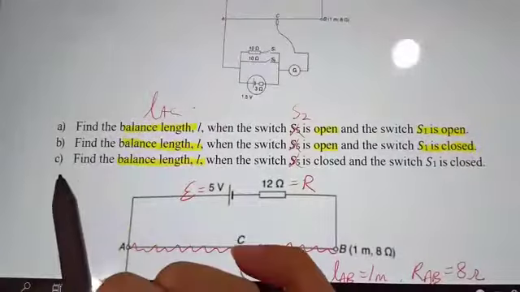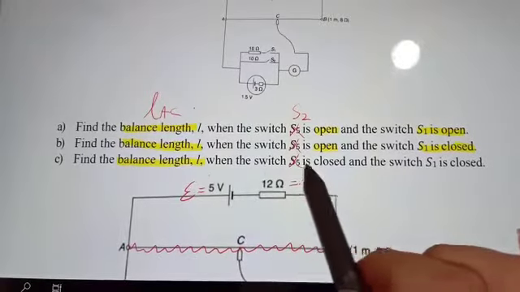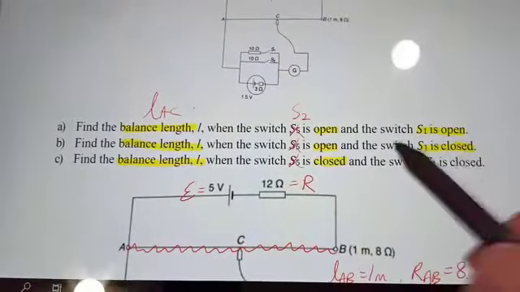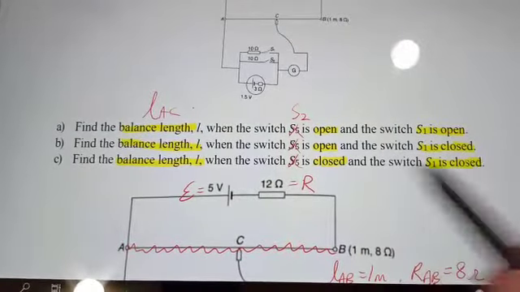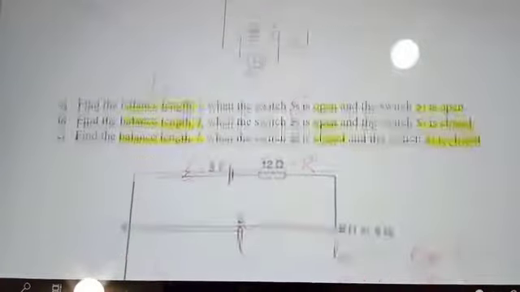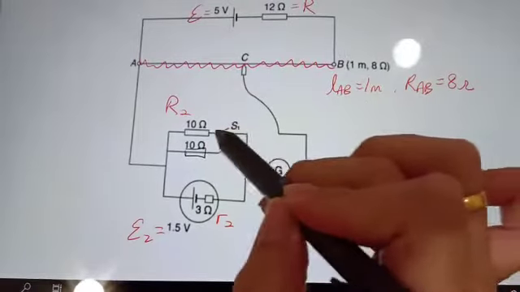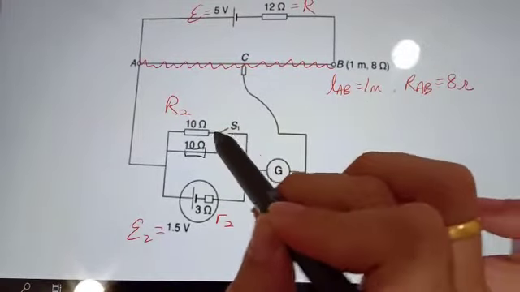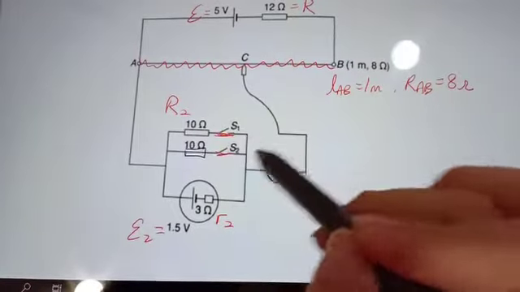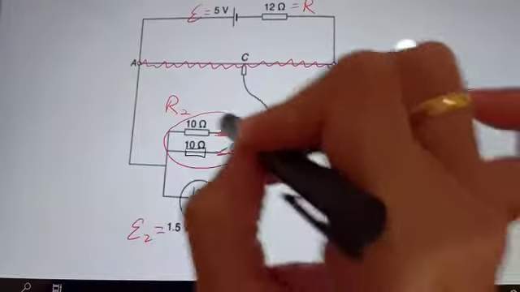So the final question C: find the balance length L when the switch S2 is closed. S2 is now closed and S1 is also closed, both closed. That means now R2 is the whole thing.